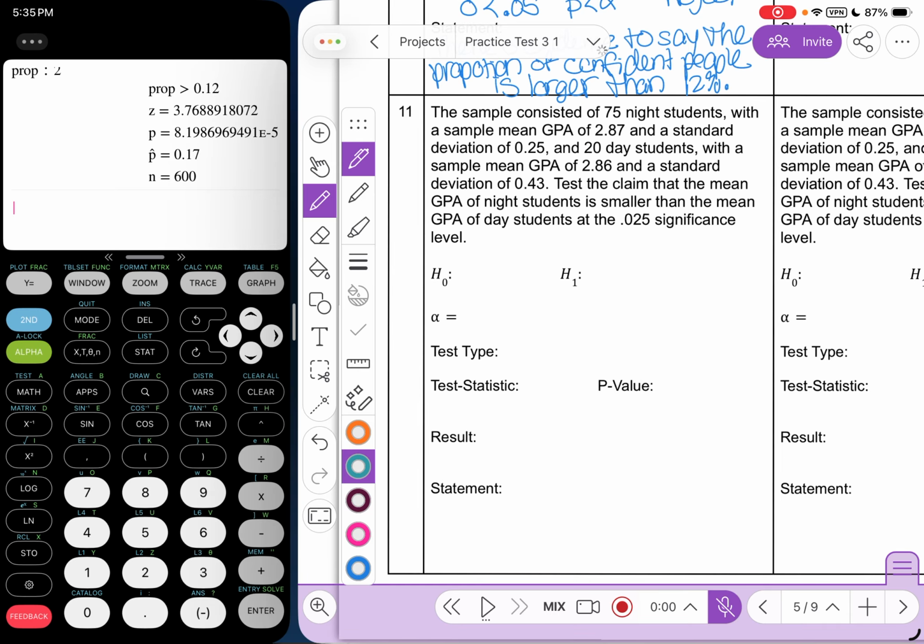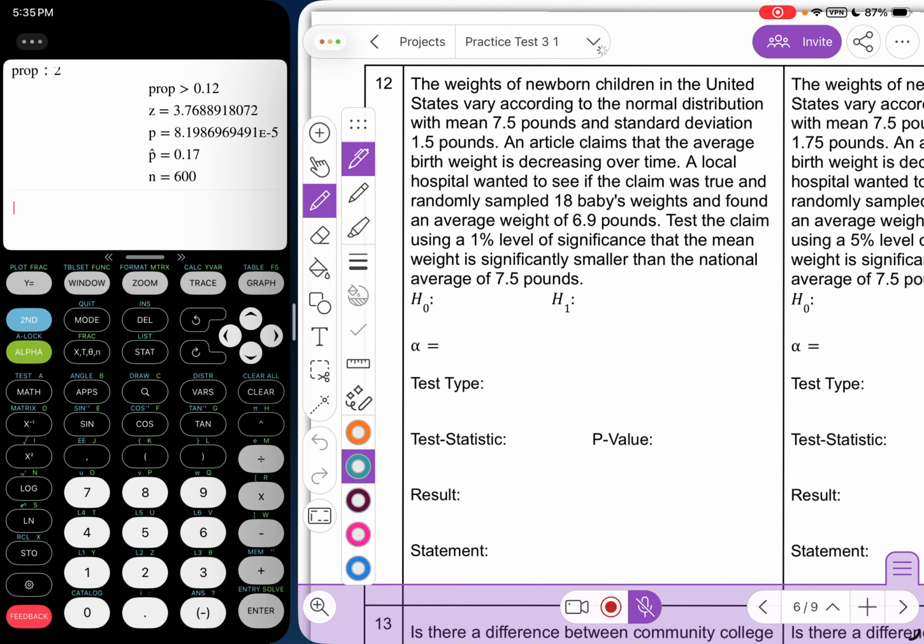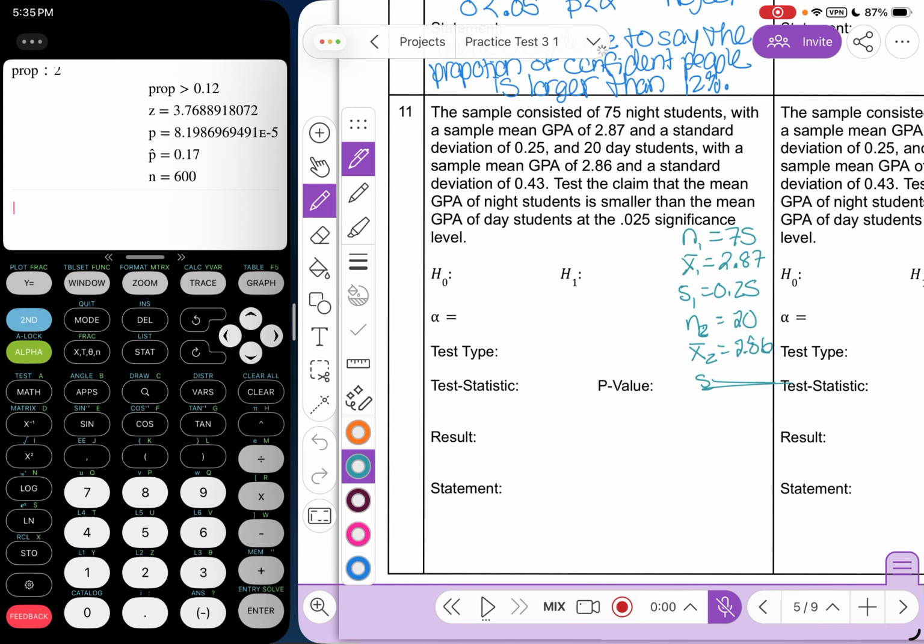The sample consisted of 75 night students with a sample mean of 2.87 and a standard deviation of 0.25. And then 20 day students with a sample mean GPA of 2.86 and a standard deviation of 0.43.